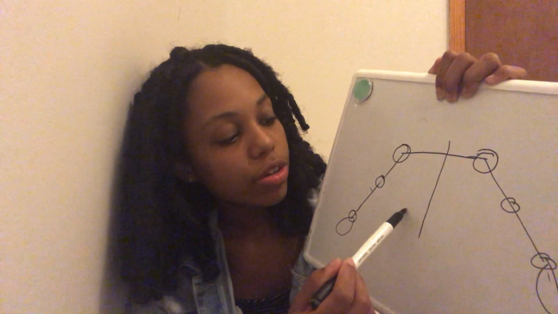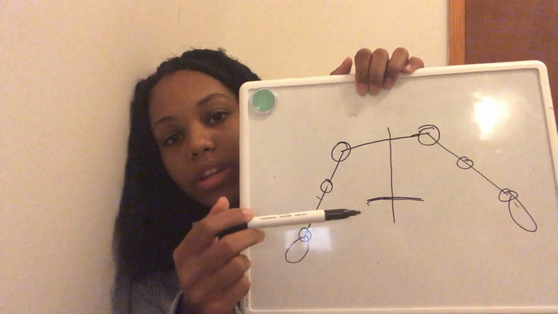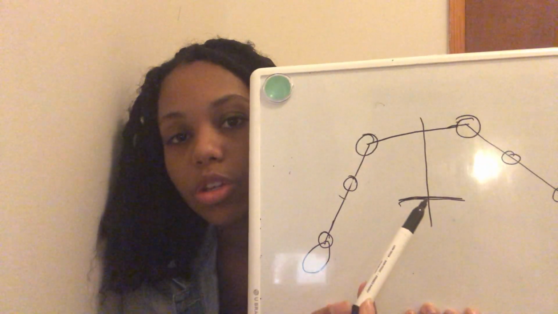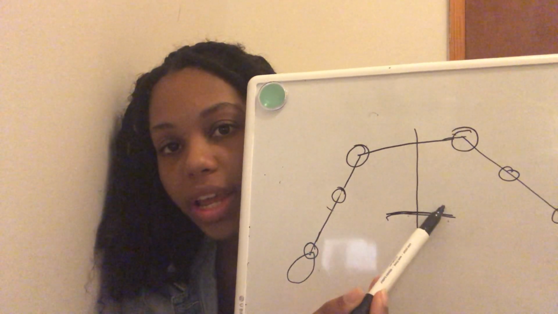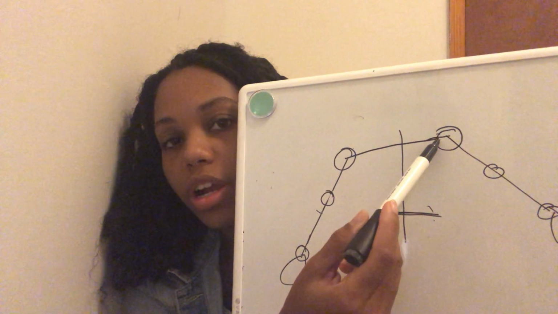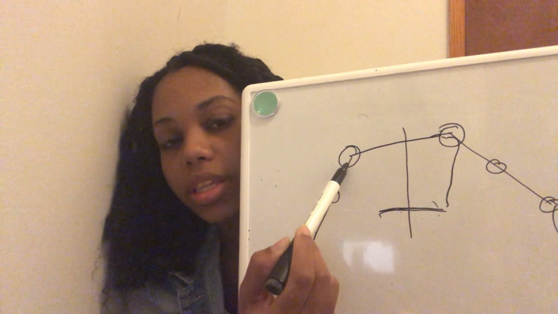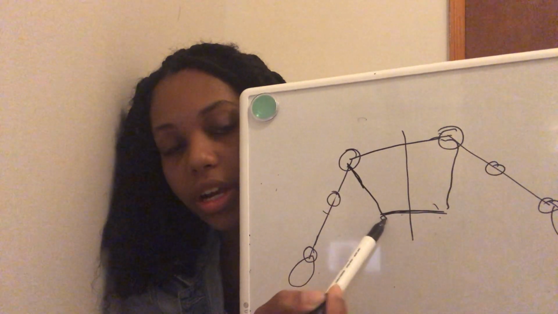And then we added another circle, another horizontal line. This horizontal line represents where your navel would be, so your torso. This is where your torso would end, and then it would start here. So we'd go like this from the chest coming down, connecting from the shoulder to here.